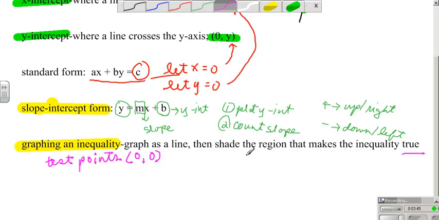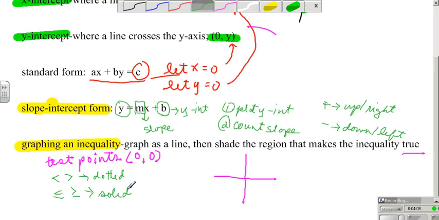Also remember, greater than and less than get dotted lines; less than or equal to and greater than or equal to get solid lines.